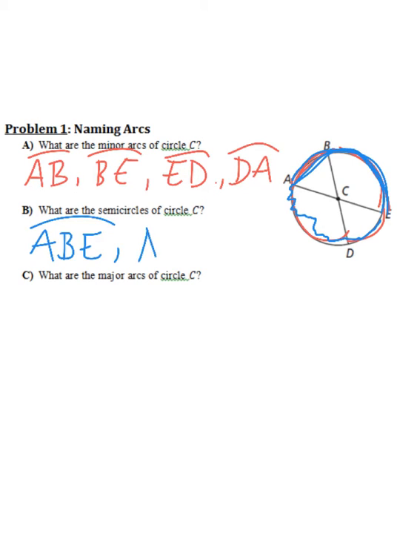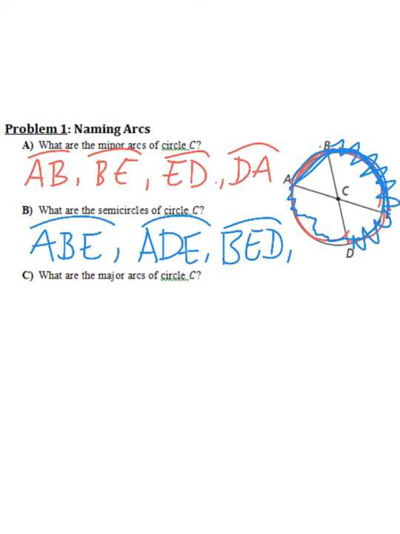So I would label that as A, D, E. And so those are the two from A to E. I could also go from B to D. I could go to the right from B and have it be B, E, D. I could also go from the left and have it be B, A, D. So those are my 4 semicircles.